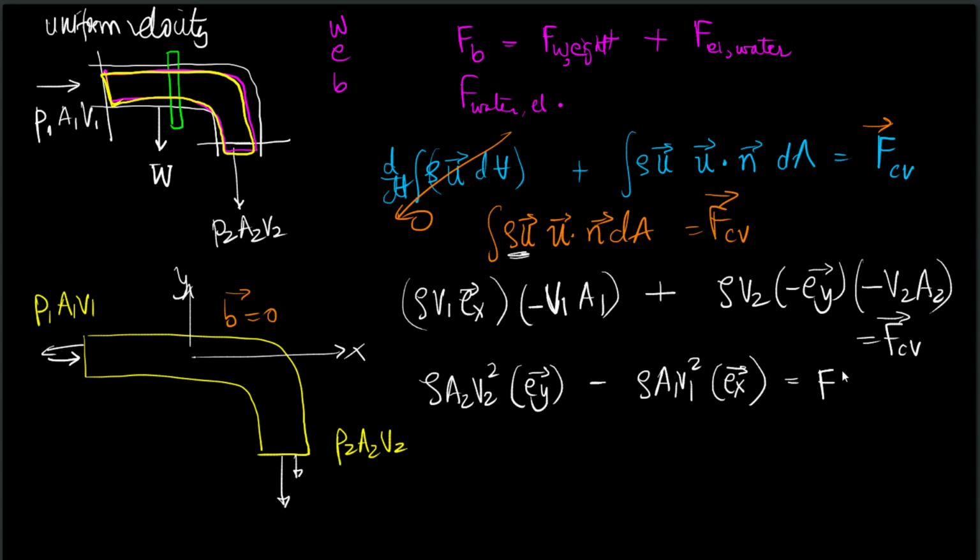The forces are going to be because of a difference in the pressure also. The pressure over here is P1, the pressure over here is P2. We know from hydrostatics that if you have an object, the net force will be the difference in pressure times the area. So that has to be also accounted for.